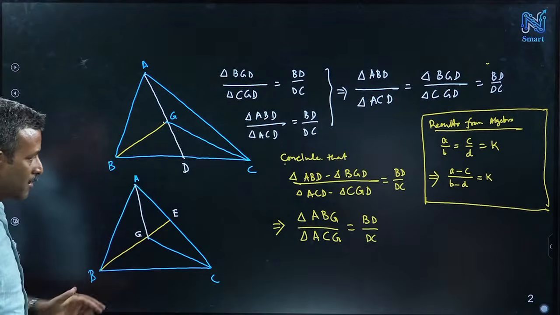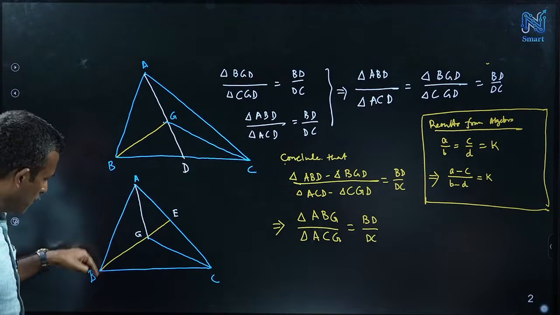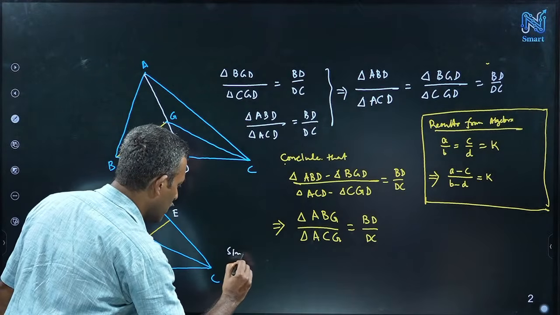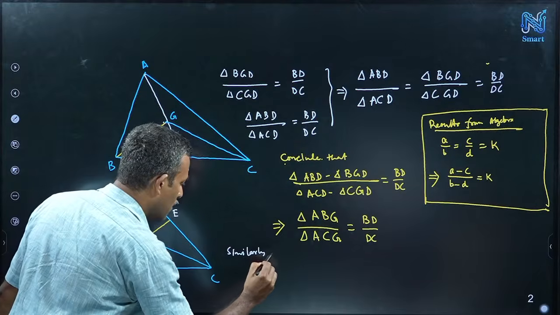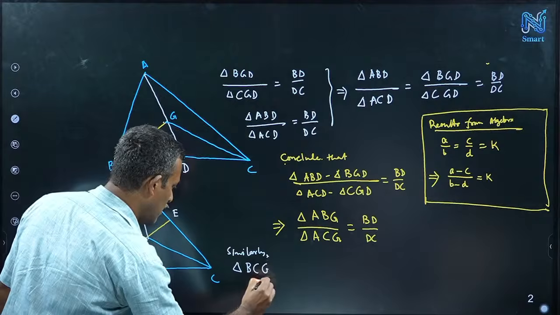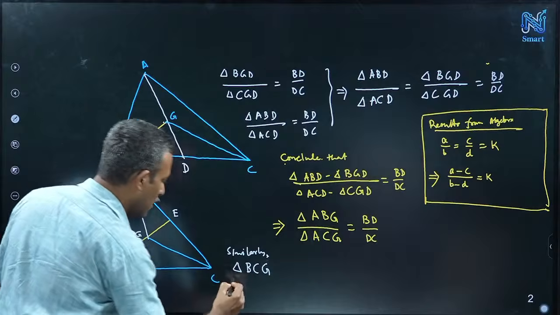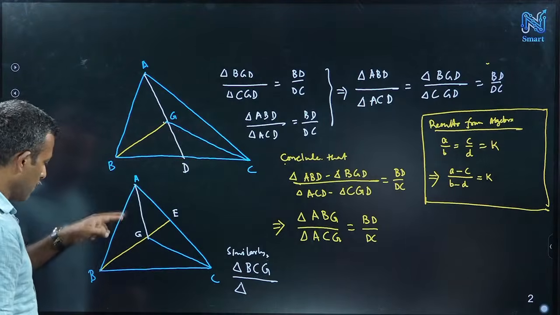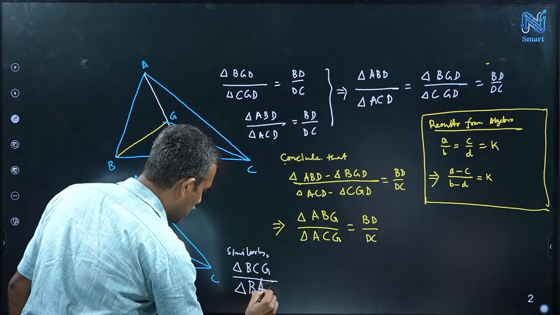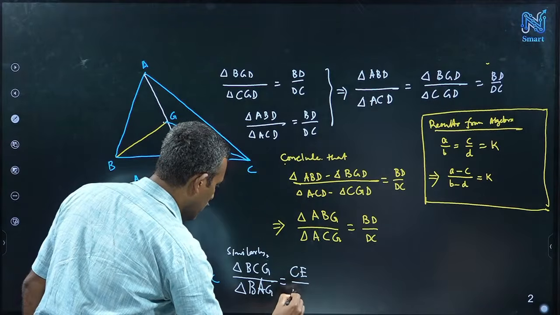Similarly, the area of BCG, that is the area of BCE minus GCE, divided by the area of BAG, is the same as CE divided by EA.